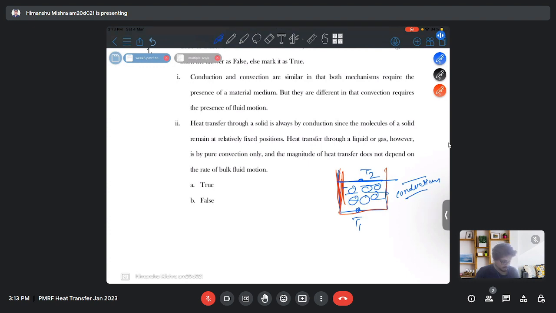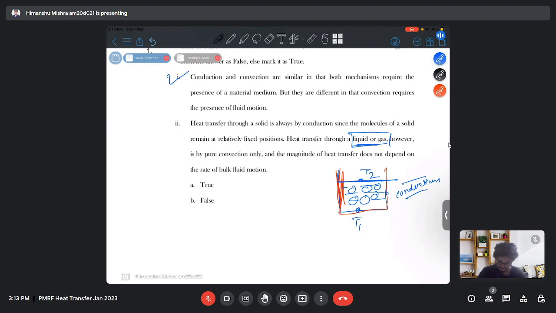As I said, heat transfer in a liquid or gas can happen due to conduction, provided that the liquid and gas are stationary. Only if the fluid has some definite movement, or there is a fluid parcel or bulk fluid which is moving, will there be convection. So only the first statement is correct here.